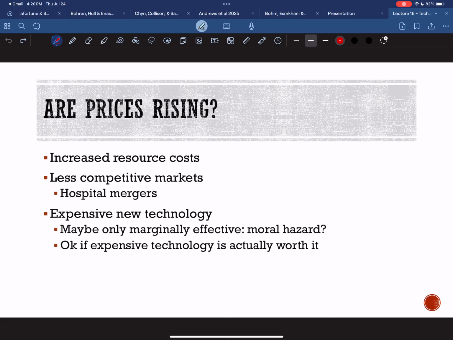So are prices rising, right? There are a few things that could make prices rise. Maybe resources are more expensive, right? Maybe there's a shortage of physicians, which there definitely is, right? Maybe the American Medical Association is too restrictive in licensing physicians, and they should let more people be doctors, right? Maybe if we go back to that quality trade-off that we talked about in the number of doctors on the market, we're too low on quantity and too high on quality, right?